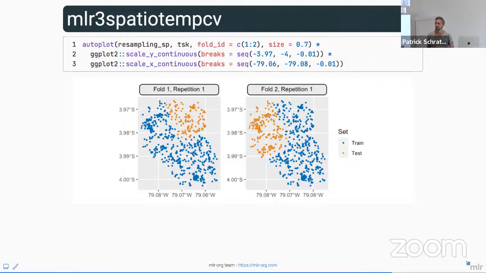What is it, the pipe operator? This multiplication sign? Yeah, this is syntax from the patchwork package. It means apply this scale_continuous change to all subplots. Because we have two plots here, by this we just say we want to apply this to all of them. So this is done by the patchwork package in the background.